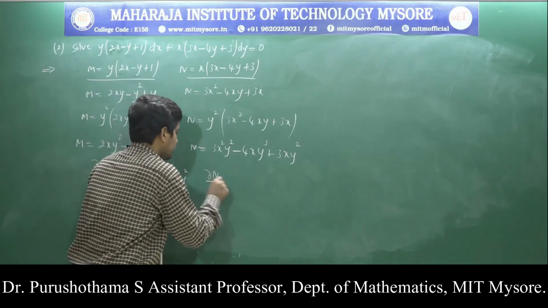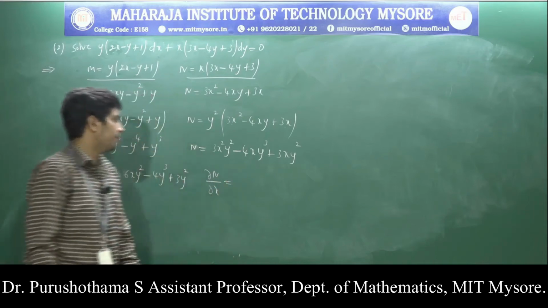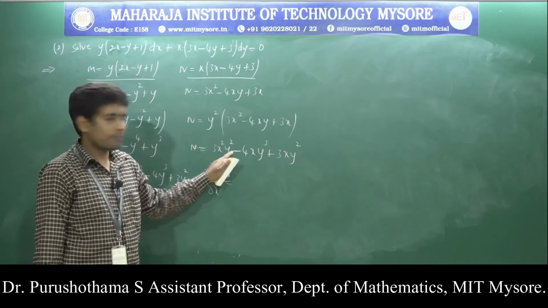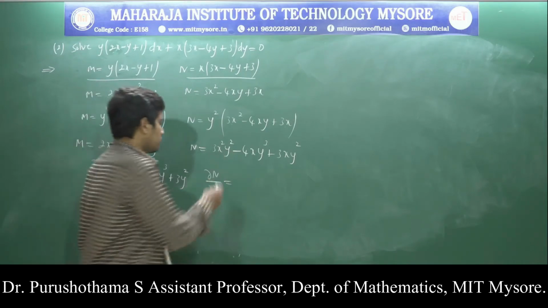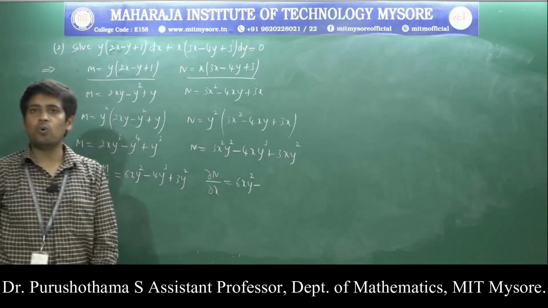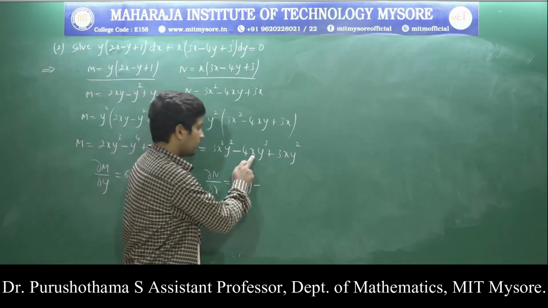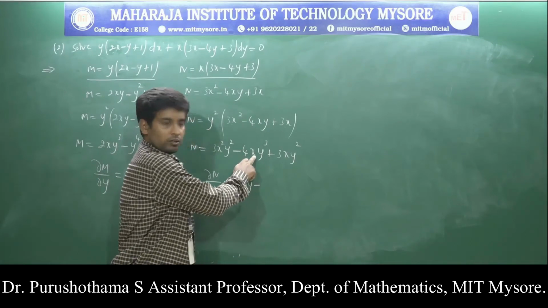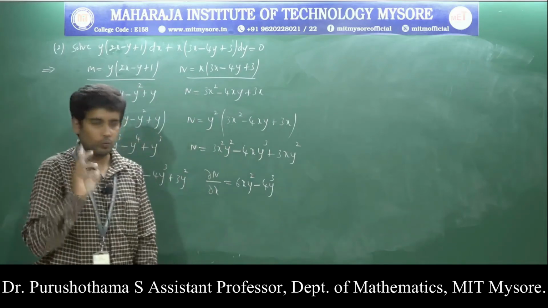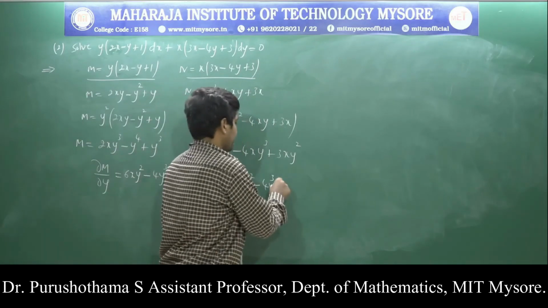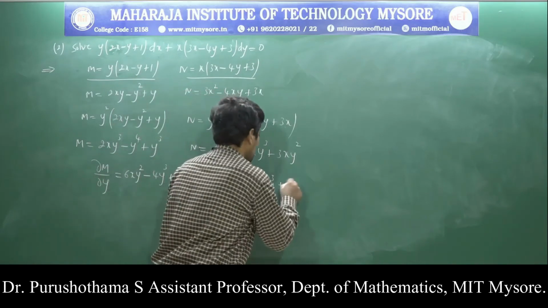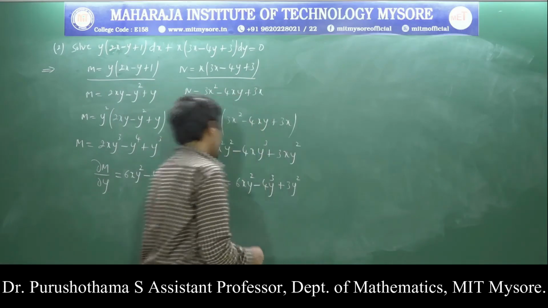Similarly, n with respect to x: x square derivative 2x, 2 into 3, 6xy square, minus 4y cube, the differentiation of x equals 1, plus 3xy square derivative with respect to x, therefore 3 into y square.